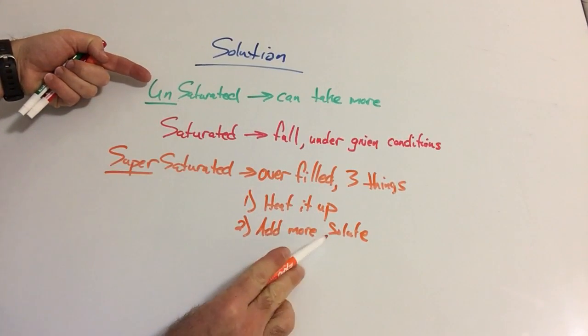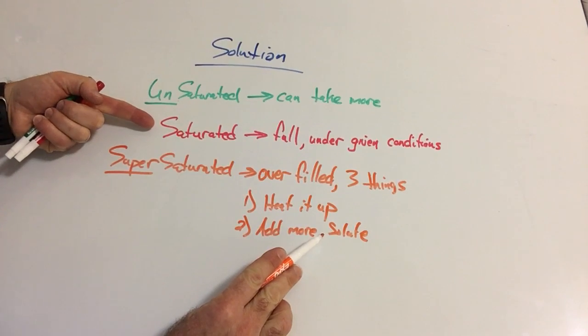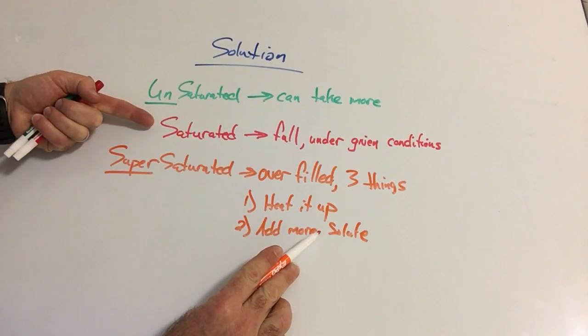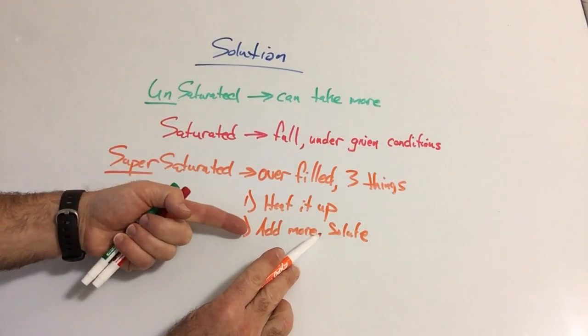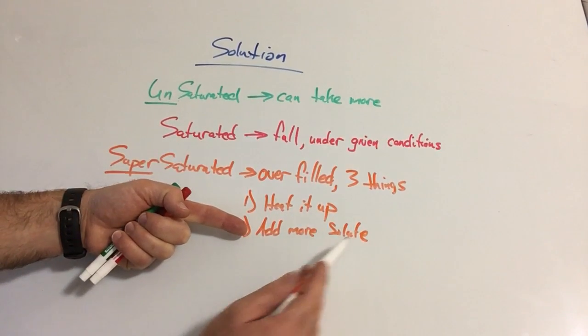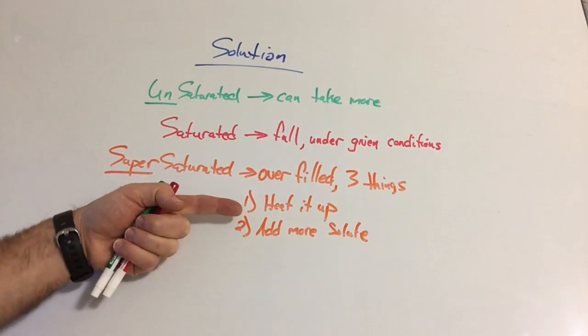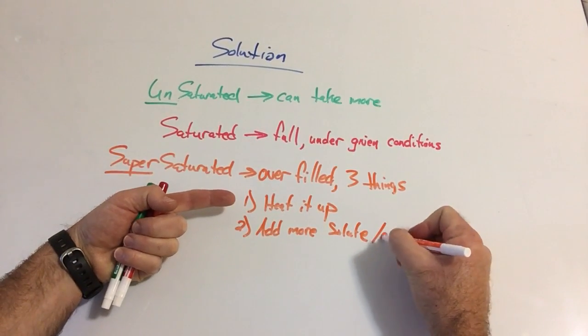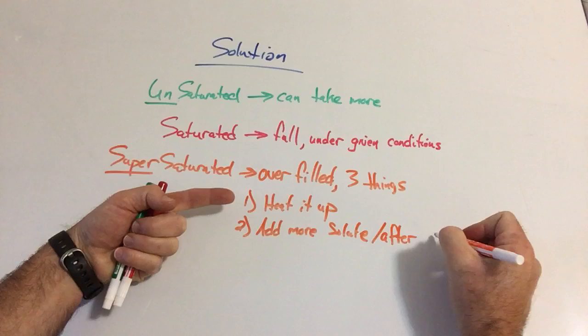What I mean here by add more solute is that you have already saturated it. It can't take any more. There's still sludge at the bottom that you can't stir in. But if you heat it up, it can take more. So when I say add more, I mean after saturating.